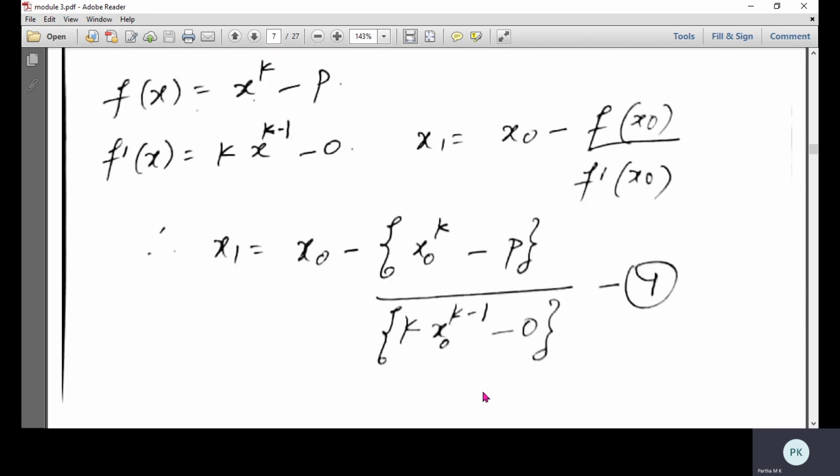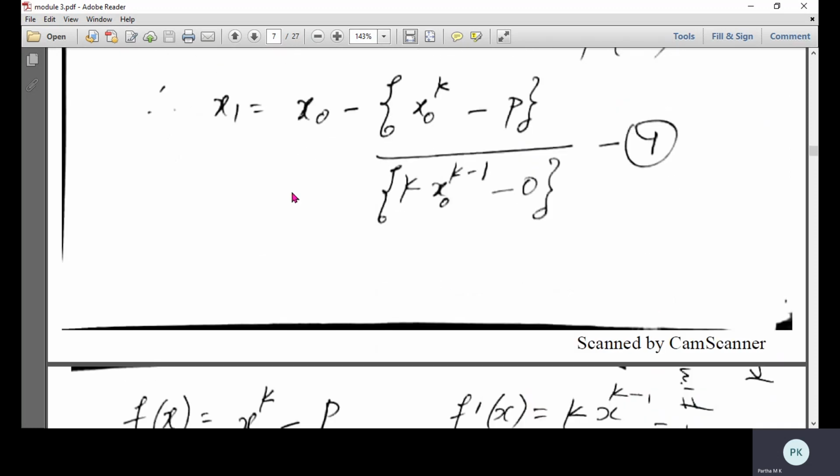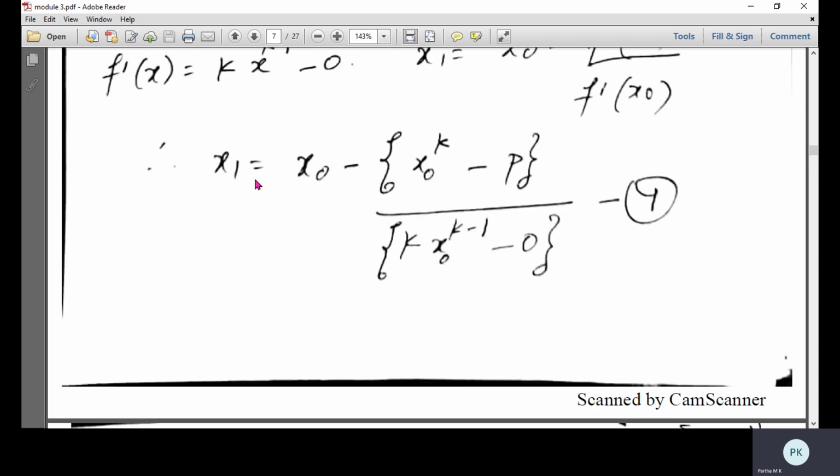So this is x1. So x2 is equal to x1 minus x1 to the power k minus p divided by k into x1 to the power k minus 1.